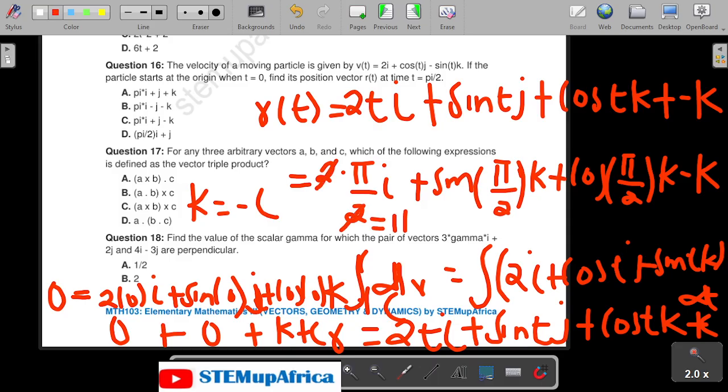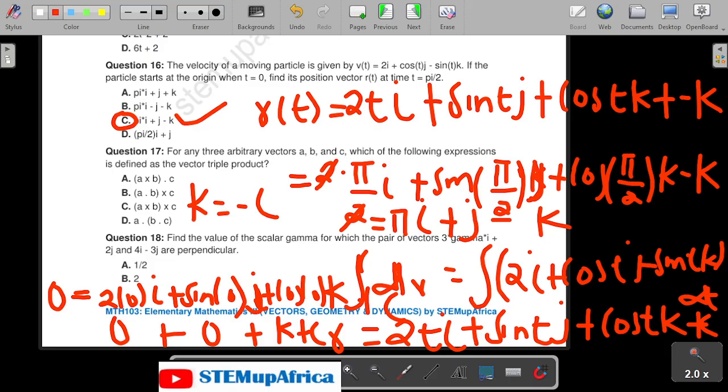I'm left with just pi i. So pi is 180, like I said earlier. 180 divided by 2 is 90. Sine 90 is 1, that will give me j. Then cos 90 is 0, so I'm just left with k minus k. So I'm having pi i plus j minus k, which is option C.